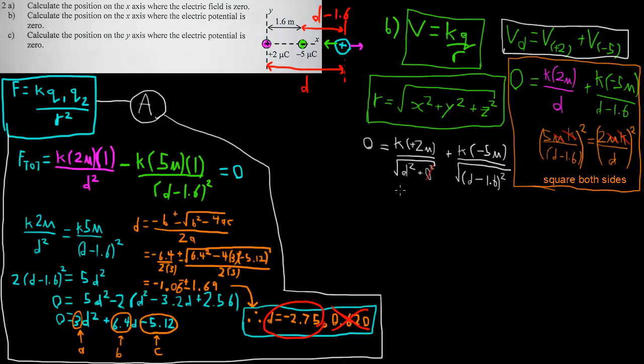So let's move the second term over and simplify. And each of these have, you can factor out a k and a micro from both sides, and those will cancel out. So get rid of those.